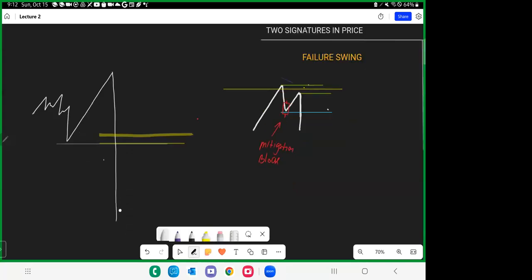So when price reprices back up here, we run into that array. We go here, here, and here. Are you guys taking that trade? So basically, we have a failure swing. We might have displaced past this point. We have our little mitigation block resting there. We've traded into the array.